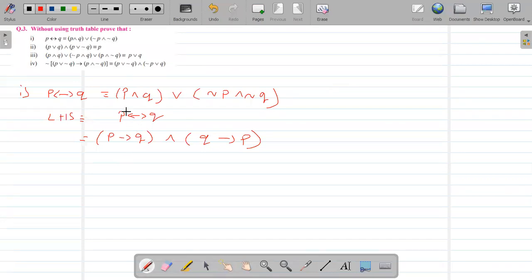See, whenever you come across something like this, a double implication, first make it a single implication. Single implication means P implies Q and Q implies P, like this. Now you tell me, do we have any law related to this?